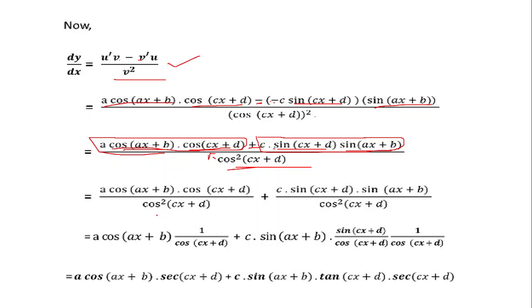I am dividing separately for this term and for this term. So I am writing a cos of ax plus b into cos of cx plus d divided by cos square of cx plus d, plus c into sine of cx plus d into sine of ax plus b as it is, and dividing it by cos square of cx plus d.